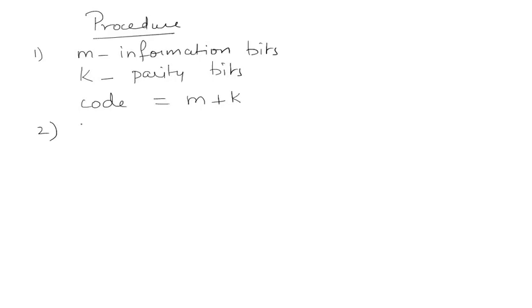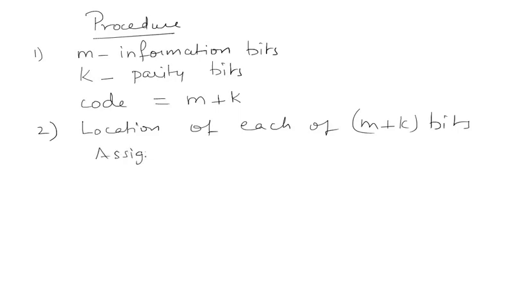After doing this step, we need to find the location of each of the m plus k bits. After finding the location, we have to assign a decimal value to all of these m plus k bits.